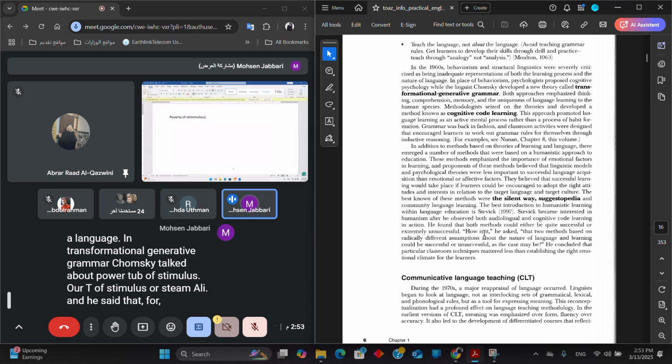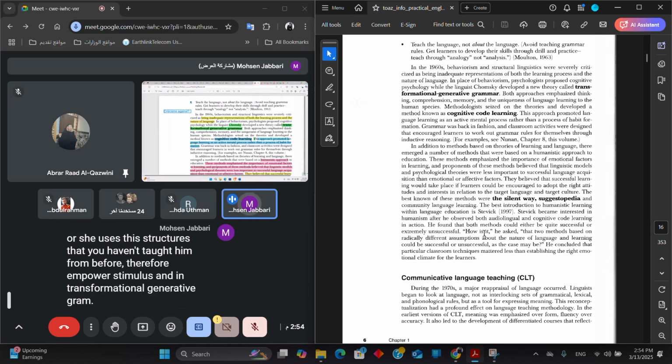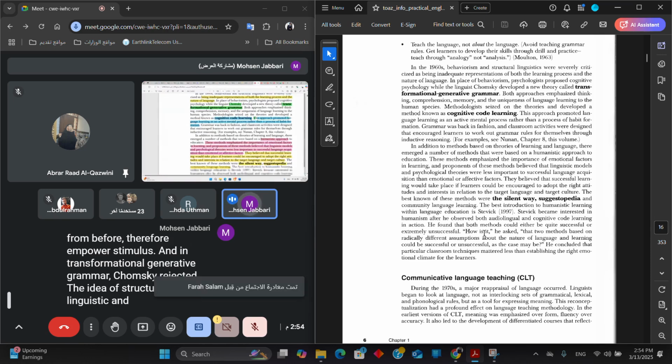Sometimes you have a toddler, or a baby, who is learning how to use the language, and sometimes he or she uses structures that you haven't taught before. Therefore, in poverty of stimulus and in transformational generative grammar, Chomsky rejected the idea of structural linguistics, and he said that by learning the structure, we would not get to know the language.